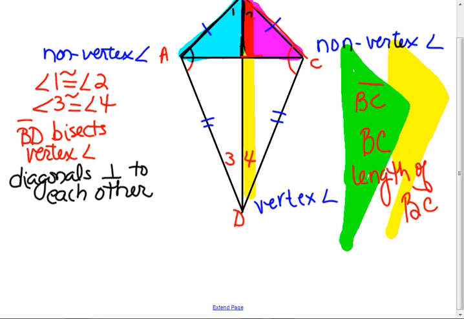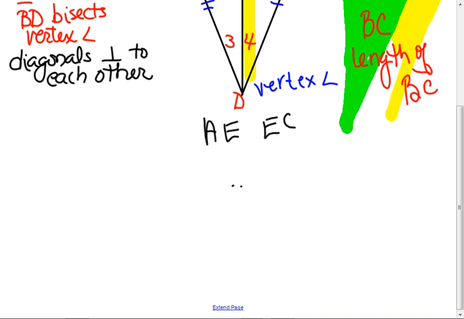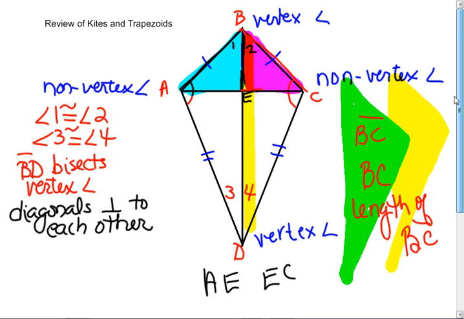So if I make this E, what's true about segment AE and EC? Look at the picture. What do you think is true? Are they different or are they the same? They're the same.